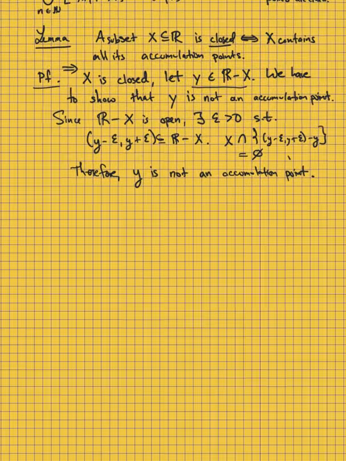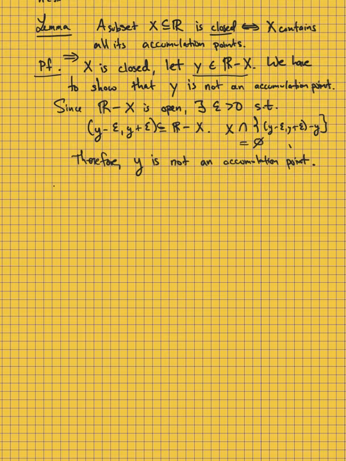Now let's show the other direction. We're going to show the contrapositive. So we're going to assume X is not closed.